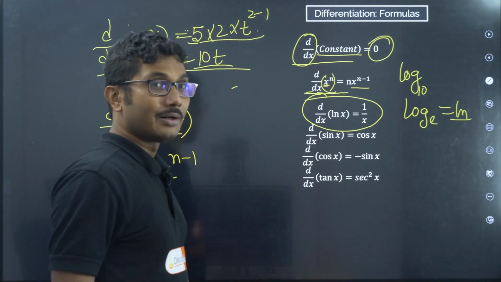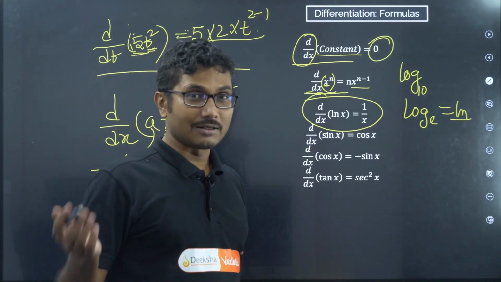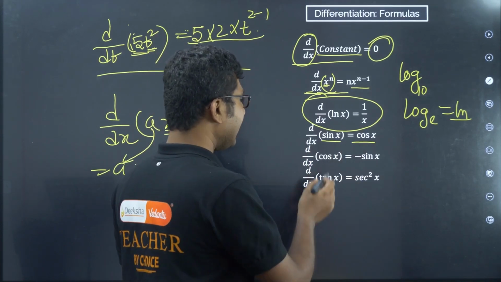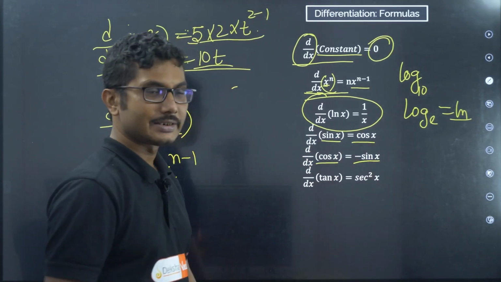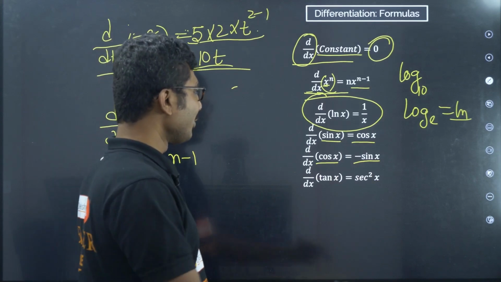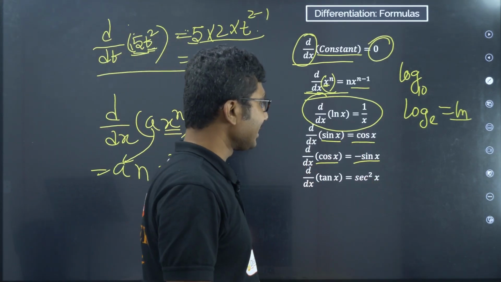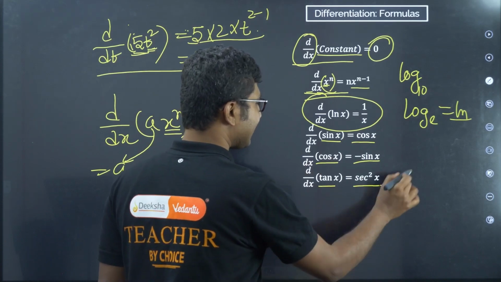Similarly, we have learned about ratio of angles in our previous video. So d dx of sin x is cos x, d dx of cos x is minus sin x. Cos is always angry, so basically cos transfers everything to negative. d dx of tan x is sec square x.